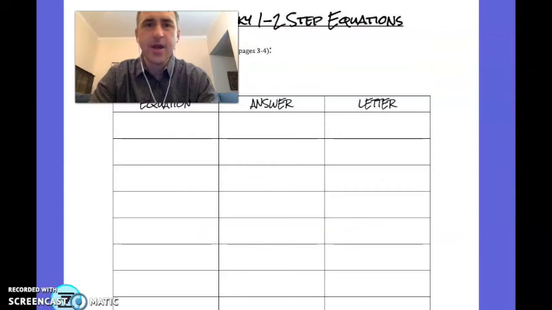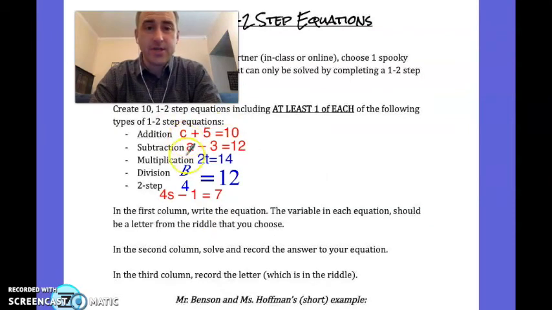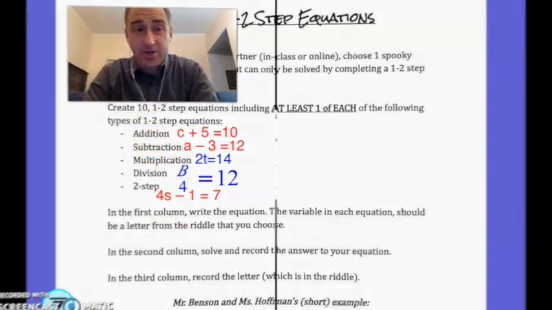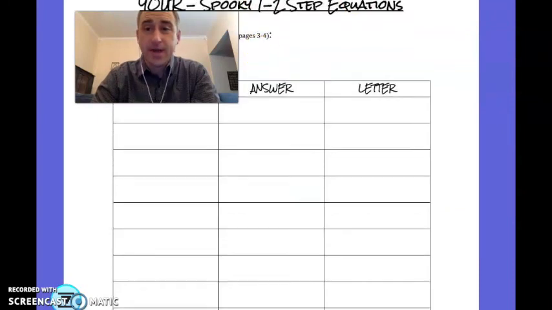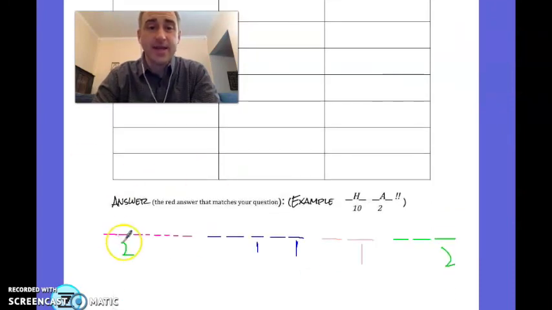So again, at minimum, what Ms. Hoffman and I need you to do is come up with 10 equations using one of each of these types of equations. So you can repeat all of them or use one of each and then just keep repeating addition and subtraction. But what we'd really like you to do is to choose a riddle that goes along with it and create the blanks and the number answers.